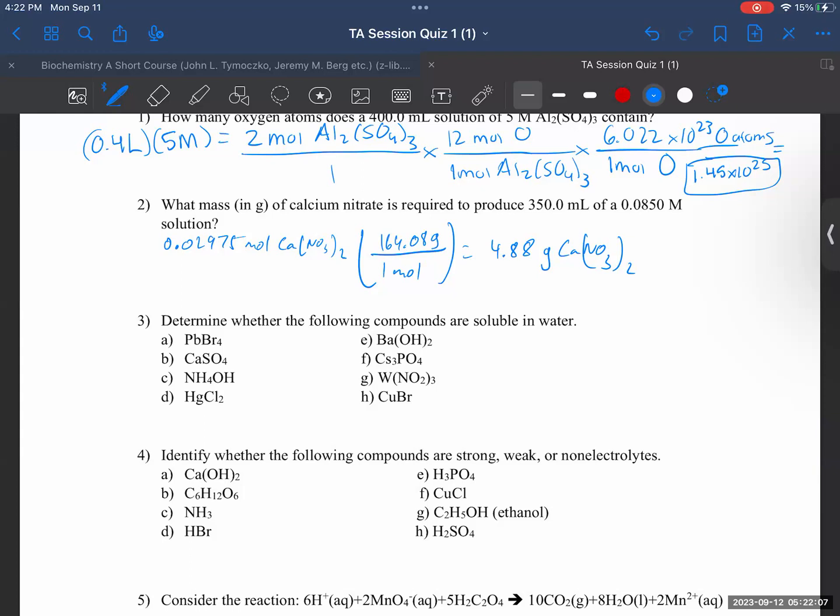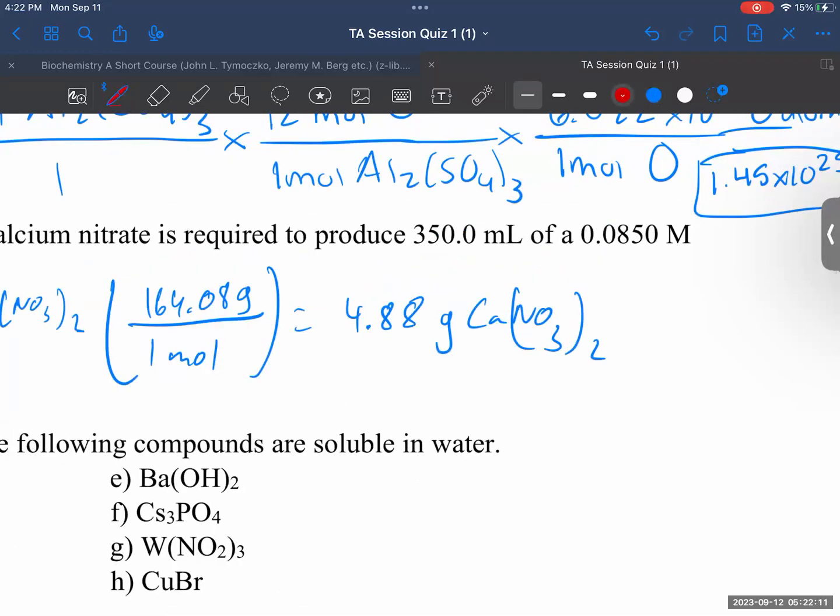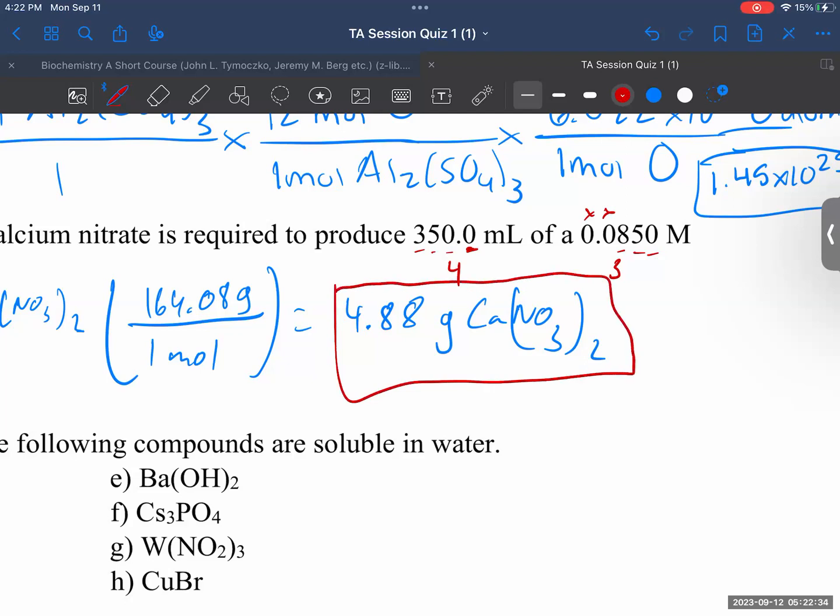You go by whatever's least in the problem. We have 350.0, and because of the 0.0 here, this zero is significant, so there are 4 sig figs in that number. The 0.085 has 3 sig figs, so our final answer should have 3 significant figures, which it does with 4.88 grams. Any questions on that?